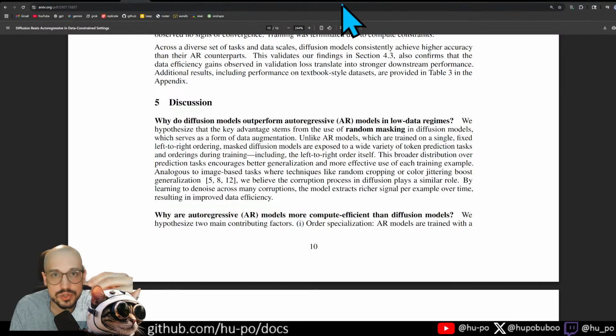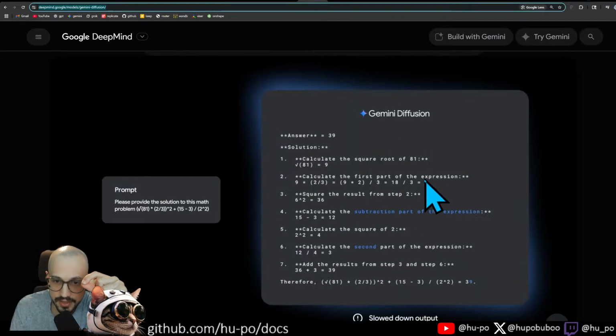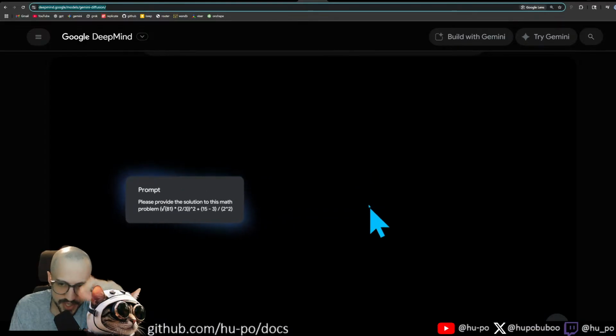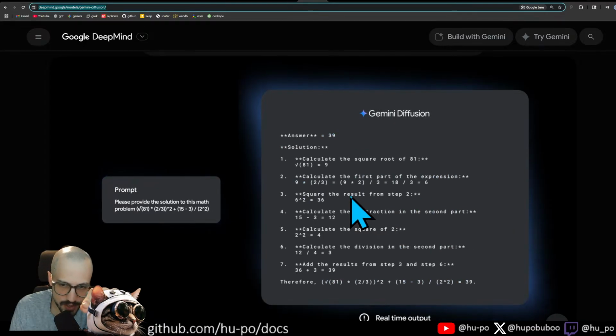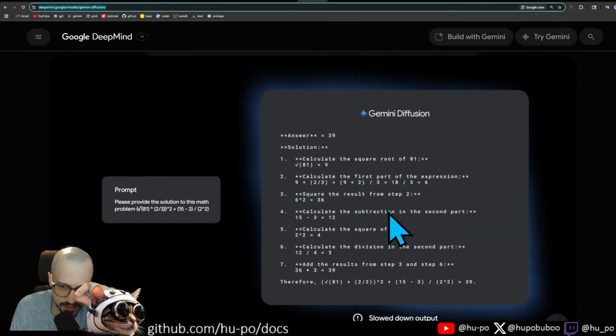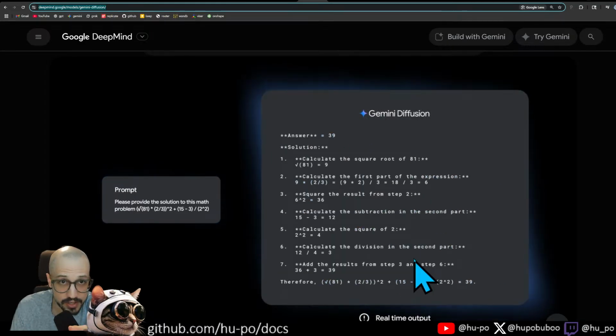Where you start off here, and you're trying to predict the... whenever you're going here, right? You're predicting each individual token based on all the other tokens, but the other tokens are noised, right? So you're almost trying to predict this one and you don't have the full picture.